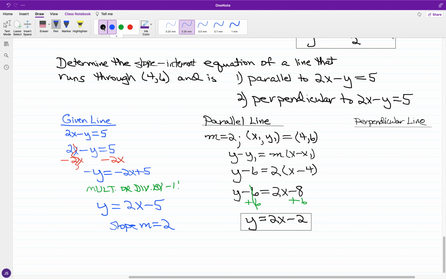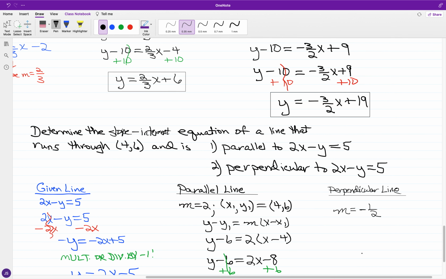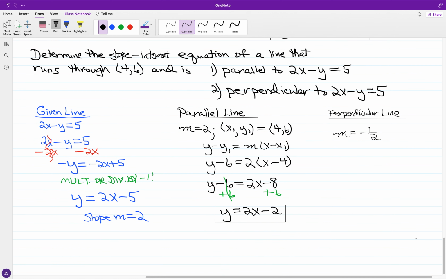So we're going from a positive to a negative, and the reciprocal of 2 is going to be 1/2. So the slope is minus 1/2. Again, just a reminder, we got 2 times negative 1/2. You have negative 2/2, and that is equal to negative 1.